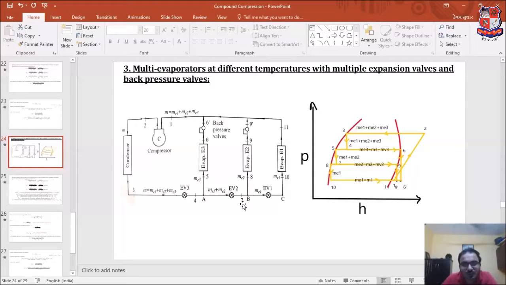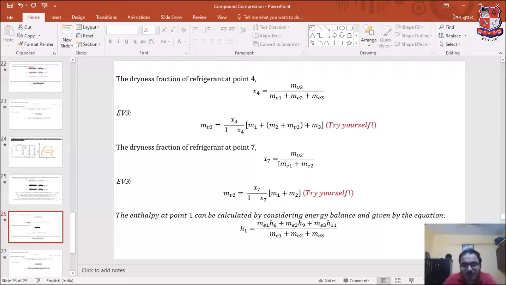Now the dryness fraction at point number 7 is given by MV2 divided by Me1 plus Me2. To repeat, X7 is the dryness fraction at point 7, which is given by MV2 divided by Me1 plus Me2, which is already shown here also.